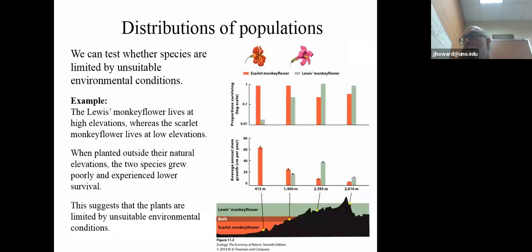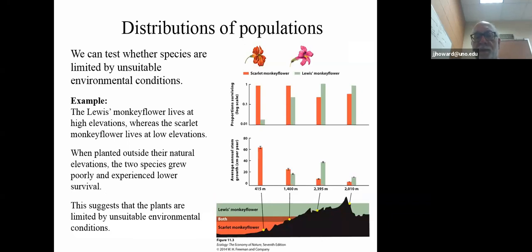Now, it's really important to try to understand whether species are limited by their niche, by the conditions that they require, or by interactions with other species. And so we frequently do experiments in which we try to separate those things.